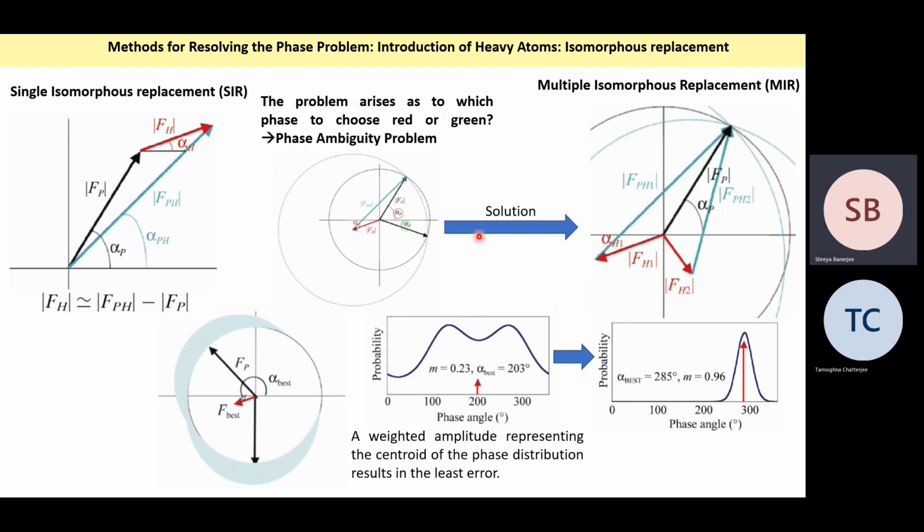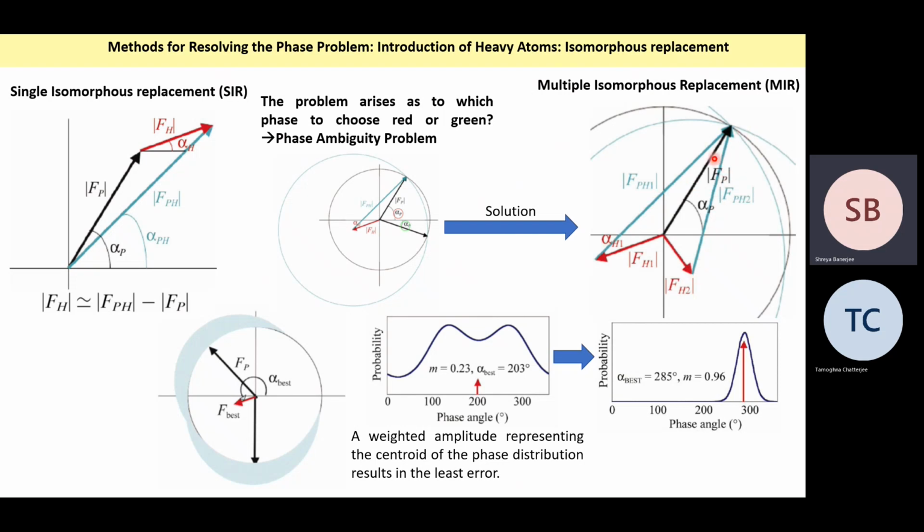But if you have multiple isomorphous replacement, you have FP, which is from the protein, and FH1, which is from the first heavy atom. So this is FPH1, which is from the protein and the first heavy atom. Similarly, from the protein and the second heavy atom, you will have another vector.